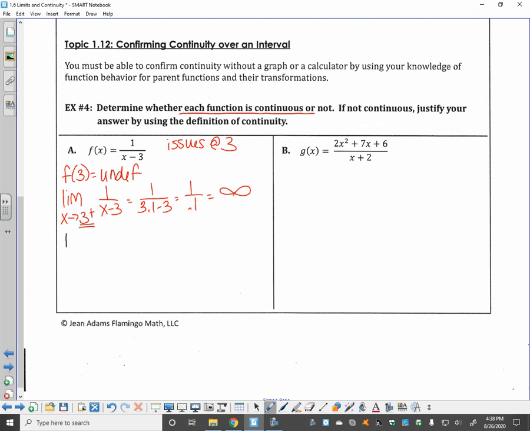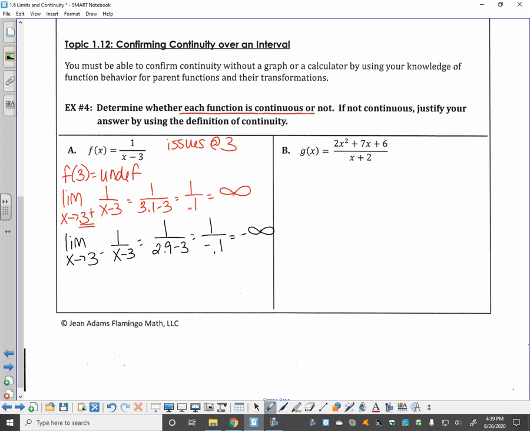Okay, now I'm going to find the limit as x approaches 3 from the left. So now I'm going to pick a number that's just to the left of 3. So I'm going to go 2.9. So now that's a negative tenth. Well, 1 divided by a tenth is going to be very big, but this is a positive divided by a negative, so I know it's headed to negative infinity.